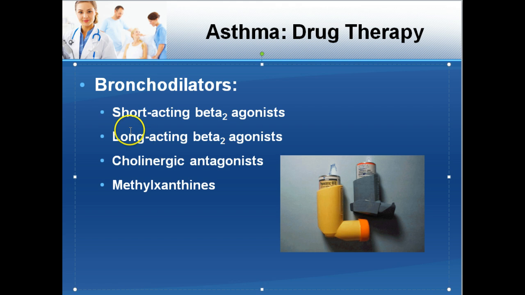And I think one of the most important things when you think about MDIs, or multi-dose inhalers, is when a person uses an MDI, the example being these right here on the picture.